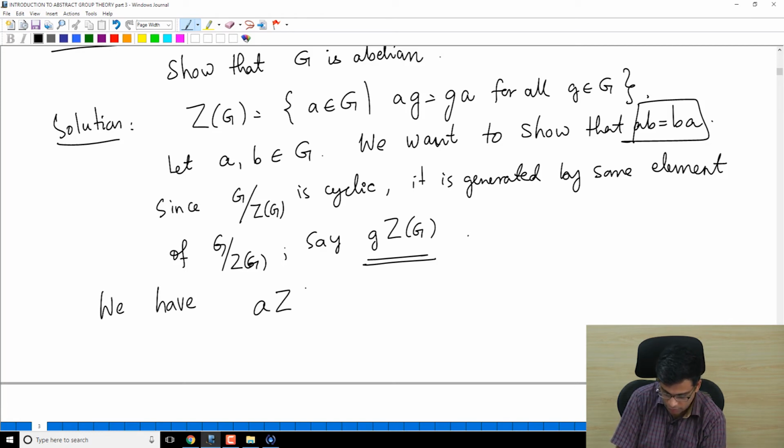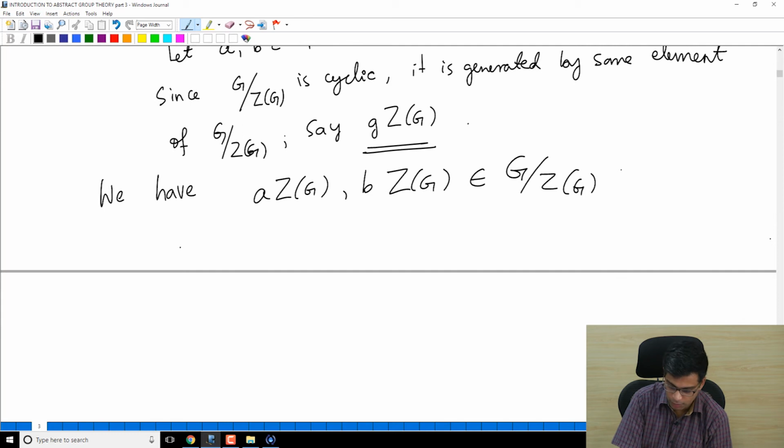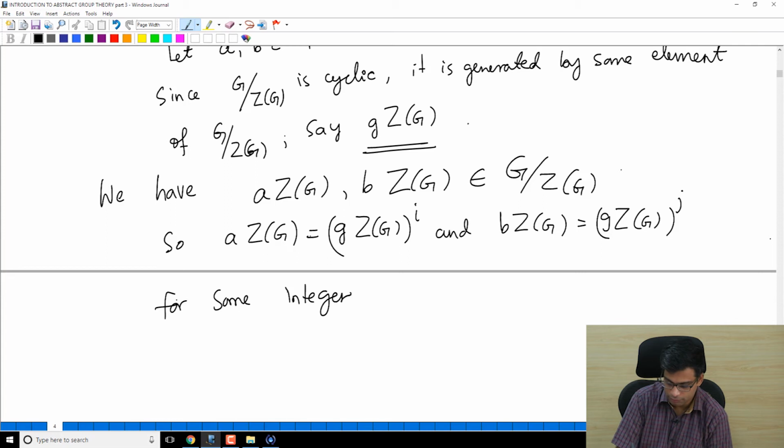A times ZG and B times ZG are elements of G mod ZG. So they are generated by g. So A ZG is some g power i ZG and B ZG is some g power j ZG, for some integers i and j.